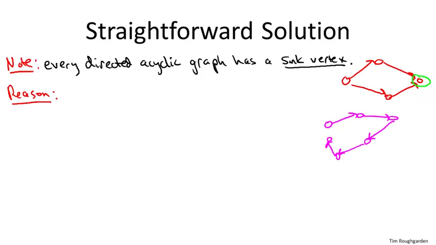Well, there's a finite number of vertices, right? This graph has, say, n vertices. So if we follow n arcs, we're going to see n plus 1 vertices. So by the pigeonhole principle, we're going to have to see a repeat. With n plus 1 vertices and only n distinct vertices, we're going to see some vertex twice. So for example, maybe after I take the outgoing arc from this vertex, I get back to this one that I saw previously.